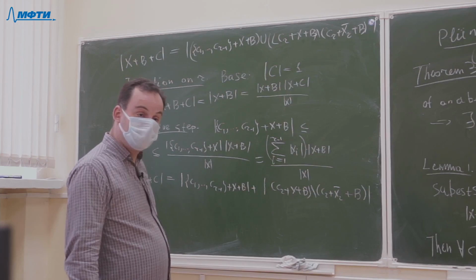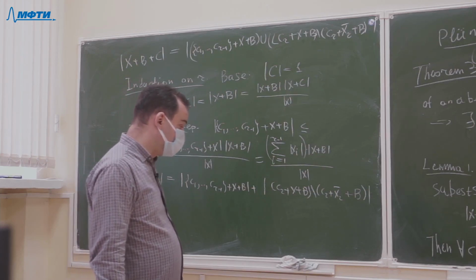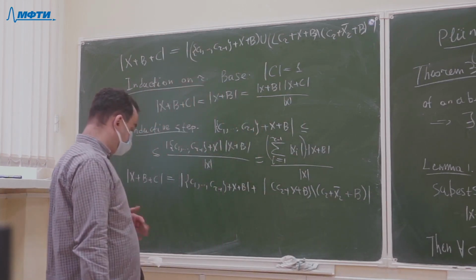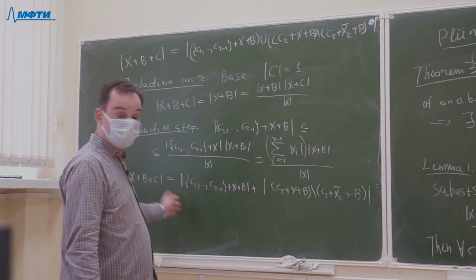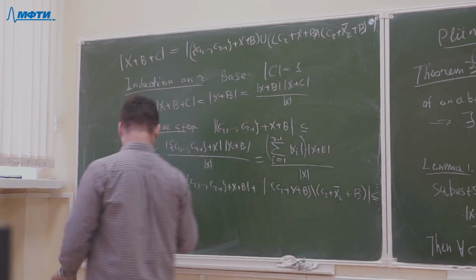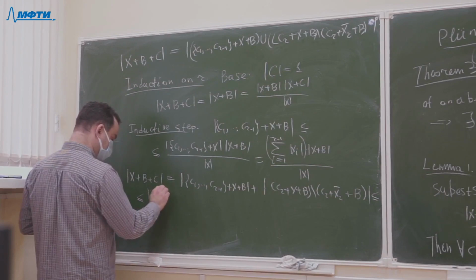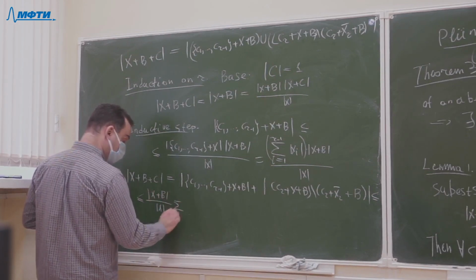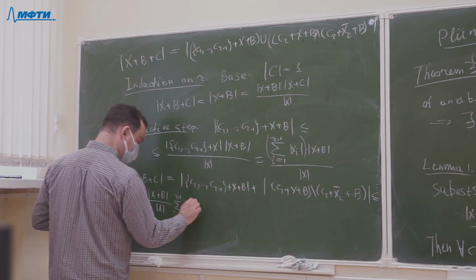Right? Good. Well, look here. We estimated this part, so this is at most X plus B by X by the sum for i from 1 till r minus 1 of x's.